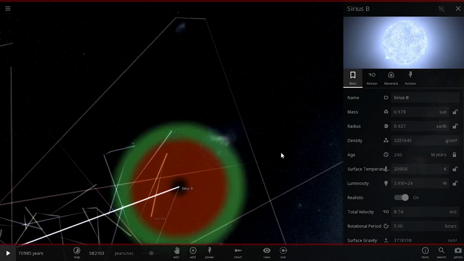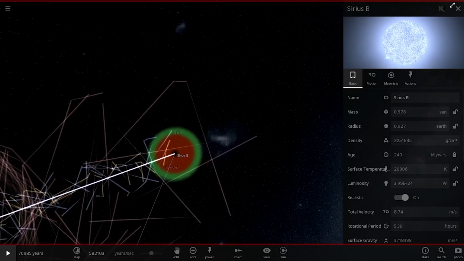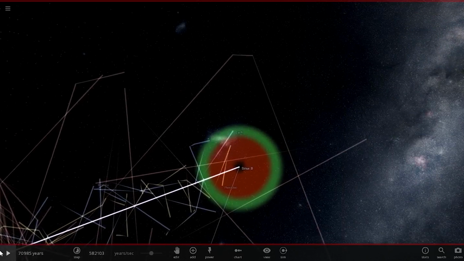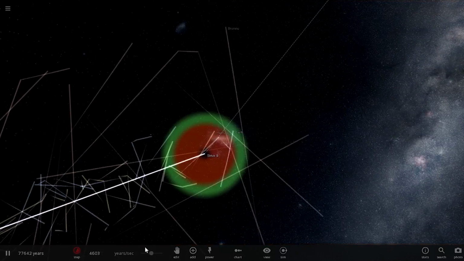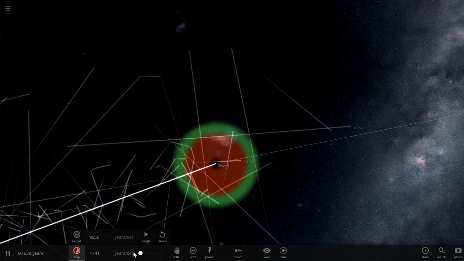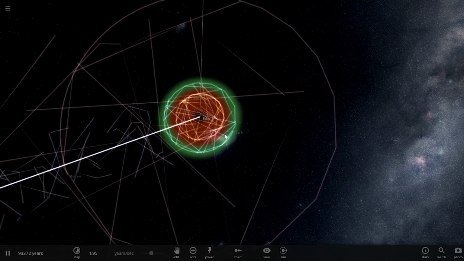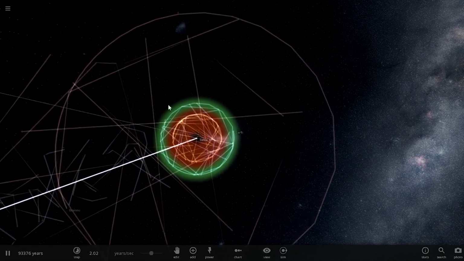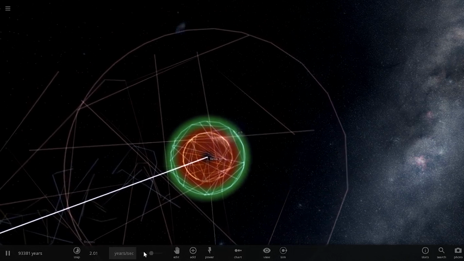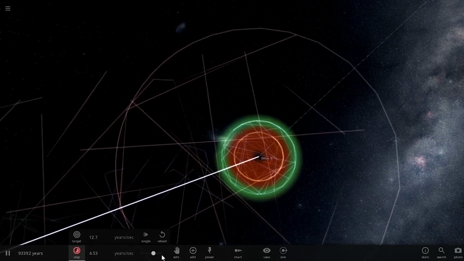So, there's that. Anyway, let's keep monitoring this. Yeah, I'm going to slow that down so we can see it a lot better. But see, in the end, this ends up keeping a perfect orbit. It's perfect.